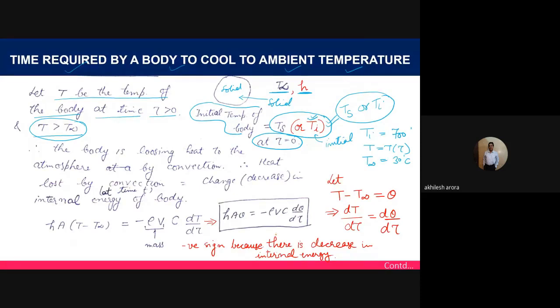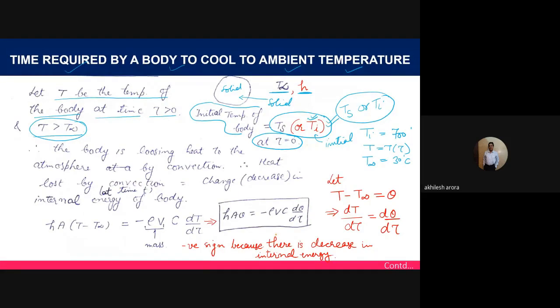This phenomenon takes place when the solid has initially been heated up to a particular temperature, and suddenly it is dipped into the surrounding fluid. That surrounding fluid could be air, oil, or water.